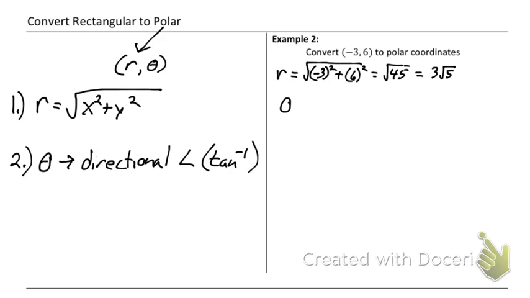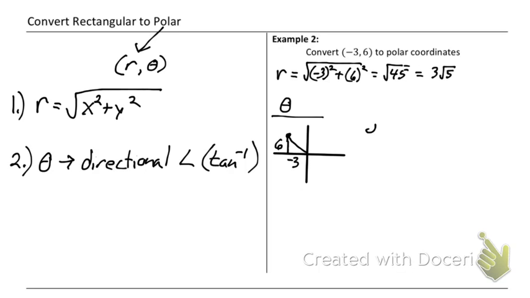Let's go ahead and find our theta. Whenever I'm trying to find theta, we plot the point first to make sure whether I have to add it to 180, 360, or anything like that. So we're going to have negative 3, 6, which would be about there. The height is my y value, which is 6. My base is negative 3.